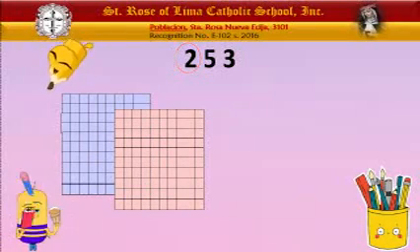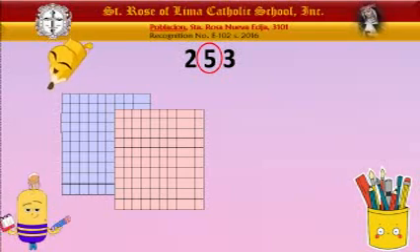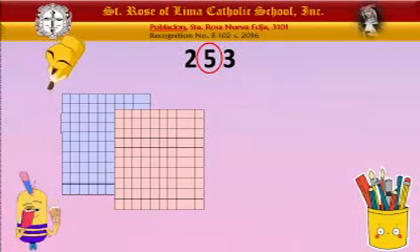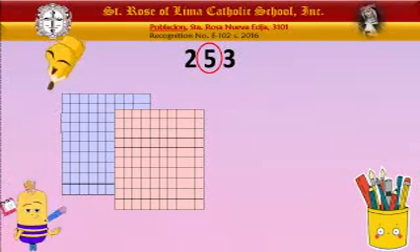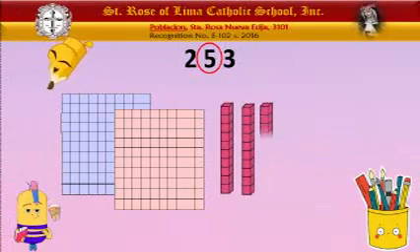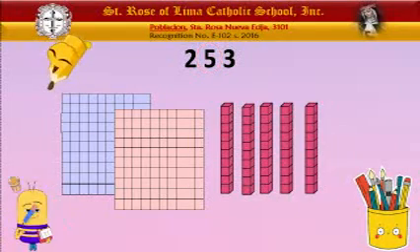That's it. Next, look at the number at the middle, which is the 5. So it means that we are going to use long in representing the 5. So if we have the number 5, we need 5 longs. And last, look at the last number.